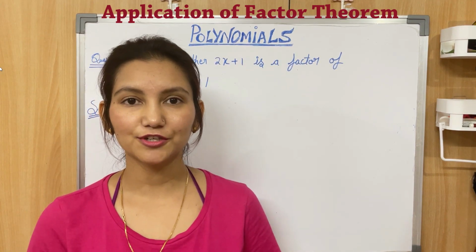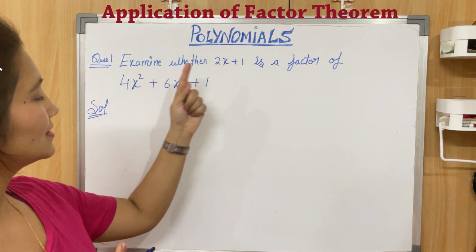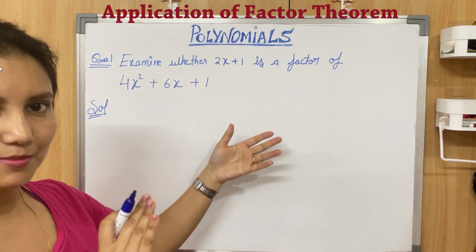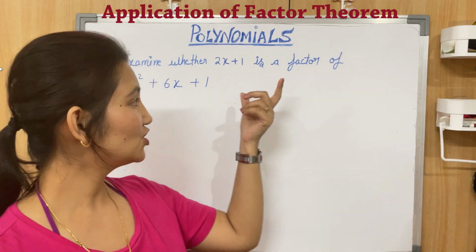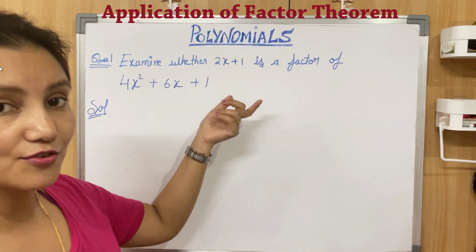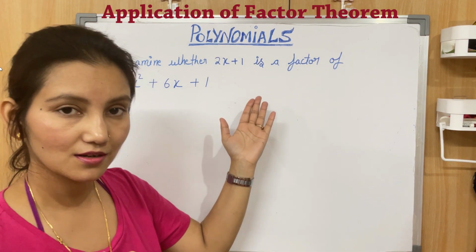So the next question for you is this. Here again you have to examine whether this is a factor of this. The same kind of question, like the previous one, but the challenge is that you have to find out whether 2x plus 1 is a factor of this polynomial or not.